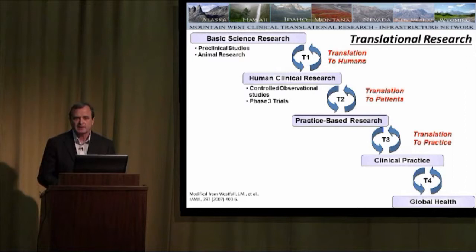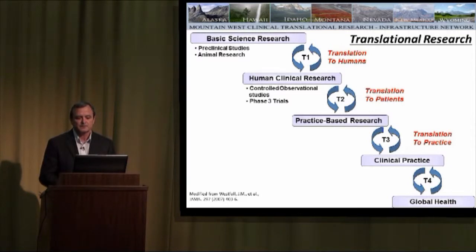The question of what is translational research is a more complicated question. What we're doing is adopting criteria that have been developed and refined here at UNM following the NIH guidelines for translational research. This slide shows one good definition of T1 to T4 research. It identifies at the top what we all agree is very important: basic science research, preclinical and animal studies.